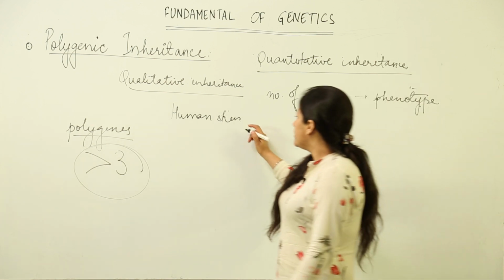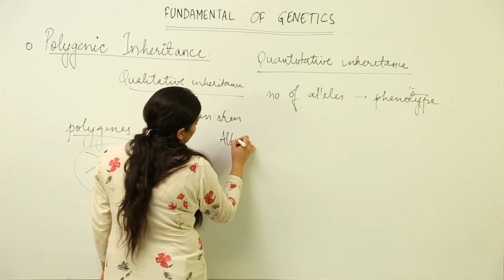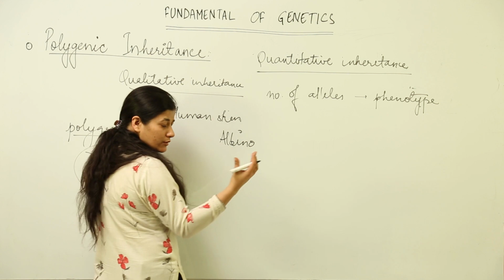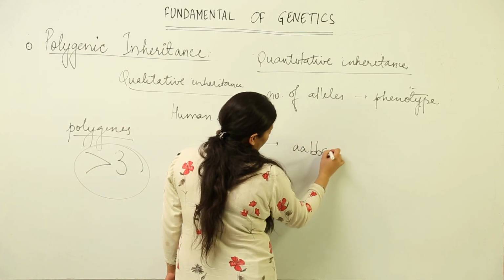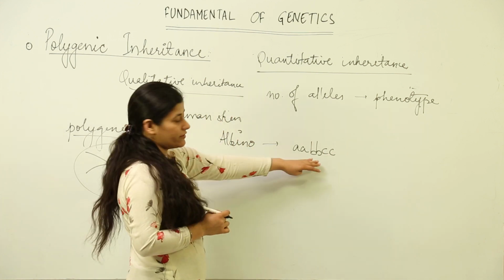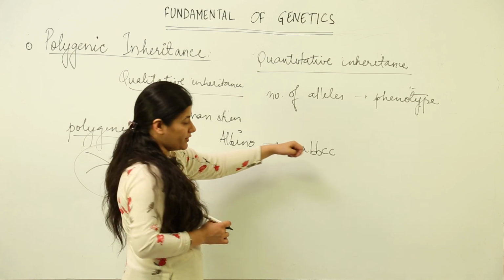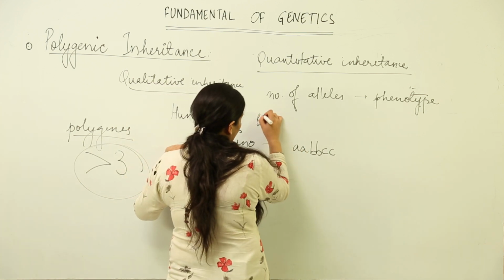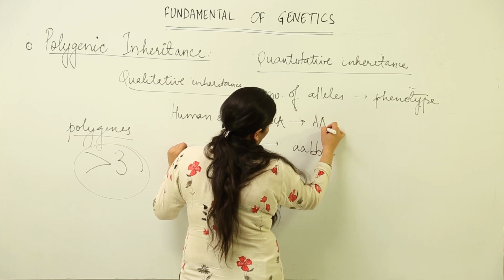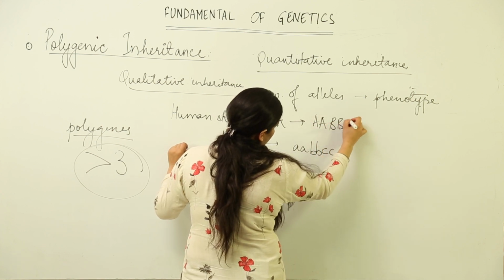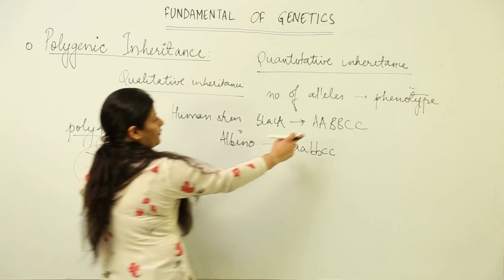Supposedly you take the human skin example, where completely white albino skin color is expressed by the completely recessive condition, and we take 3 genes for it, while completely black would be represented by all dominant alleles for the genes A, B and C.